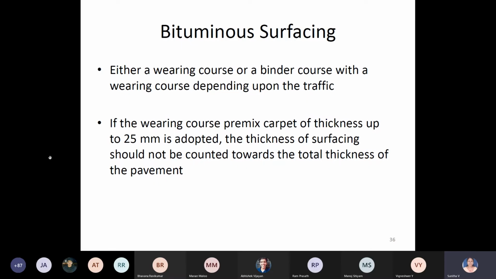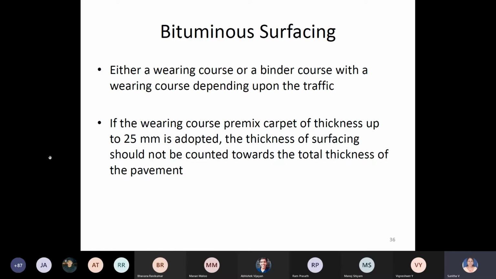If somebody asks you the total thickness, you add only the 200 and 100, not the 25, because for premix carpet, if the thickness is 25 or lesser, it won't be counted for the total thickness of the pavement.